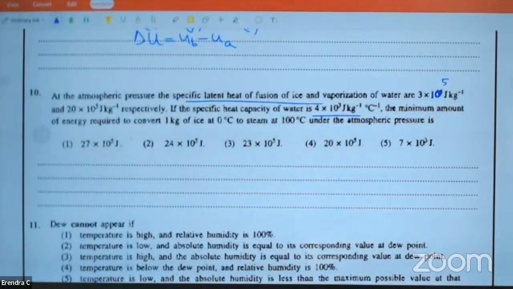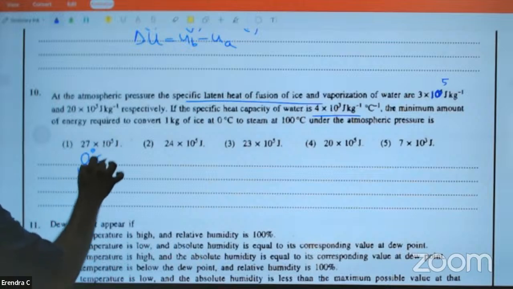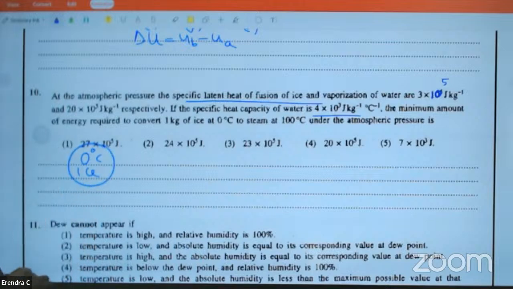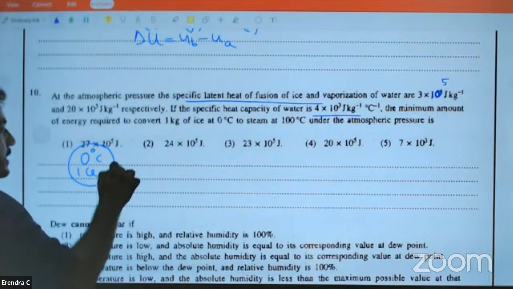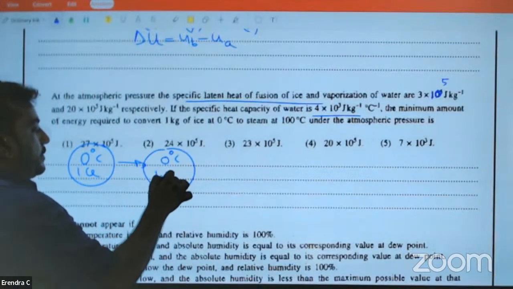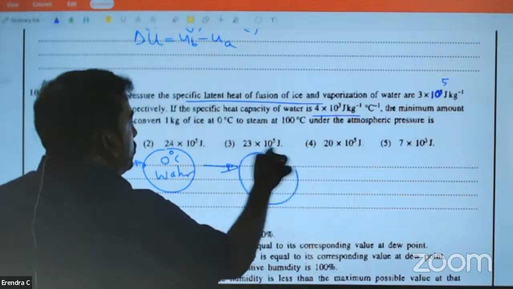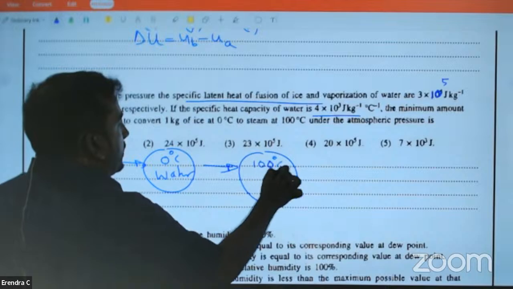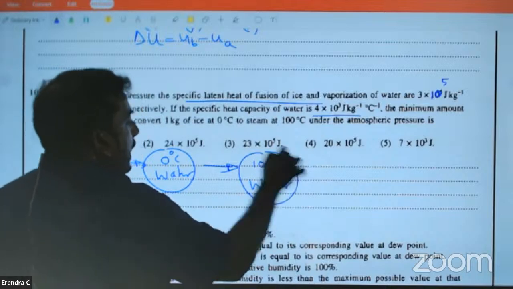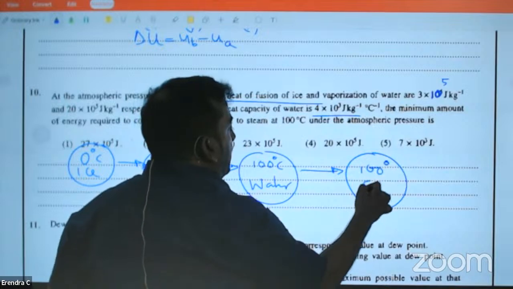What is the minimum amount of heat required to convert 1 kilogram of ice? Now, how do you convert ice? You supply heat. 0 degree ice converts to 0 degree water, then to 100 degree water, then to 100 degree steam.